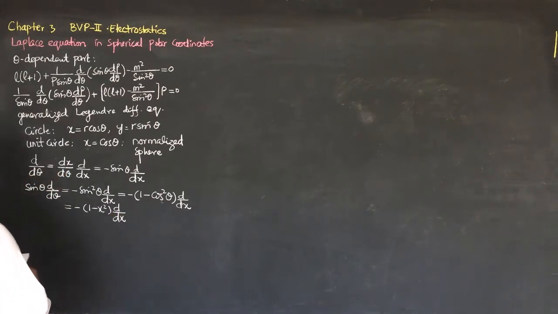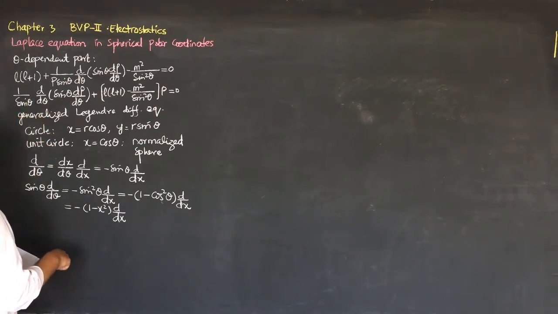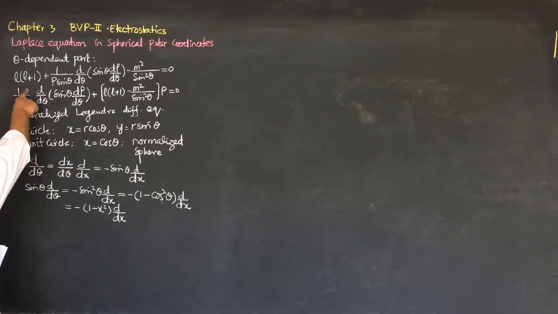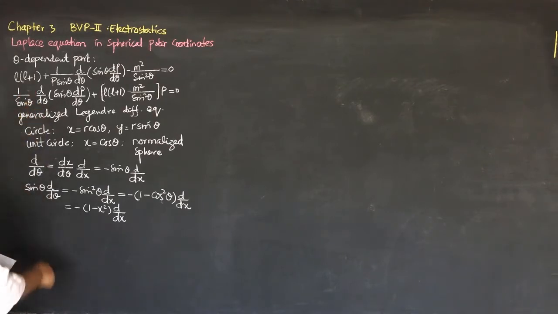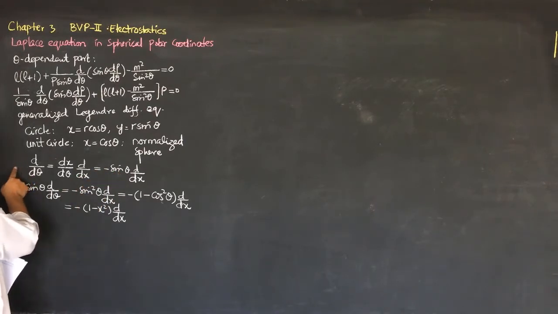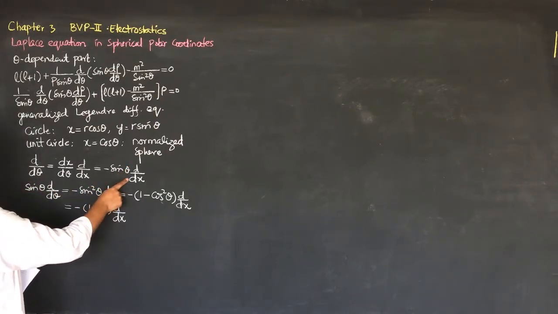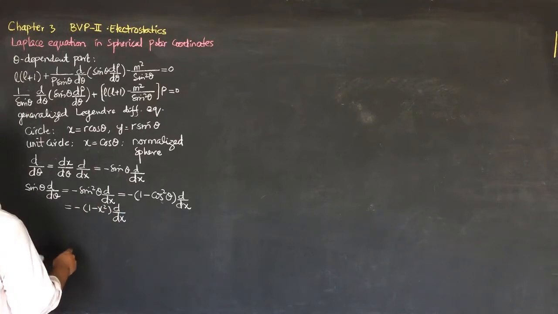So now I come back to my equation, with 1 over sine theta d by d theta. I can move this sine theta here, so 1 over sine theta d by d theta will be equal to minus d by dx.